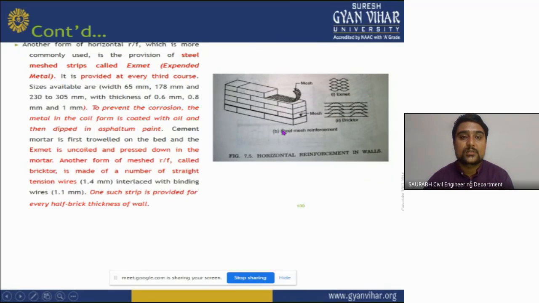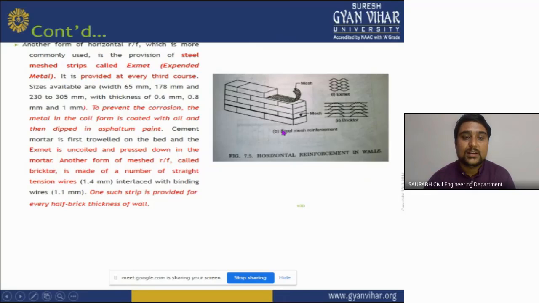Another, more commonly used form of horizontal reinforcement is the provision of a steel mesh strip called expanded metal. It is provided at every third course. Sizes available are widths of 65 mm, 178 mm, and 230 to 305 mm, with thicknesses of 0.6 mm, 0.8 mm, or 1 mm, and it also prevents corrosion.